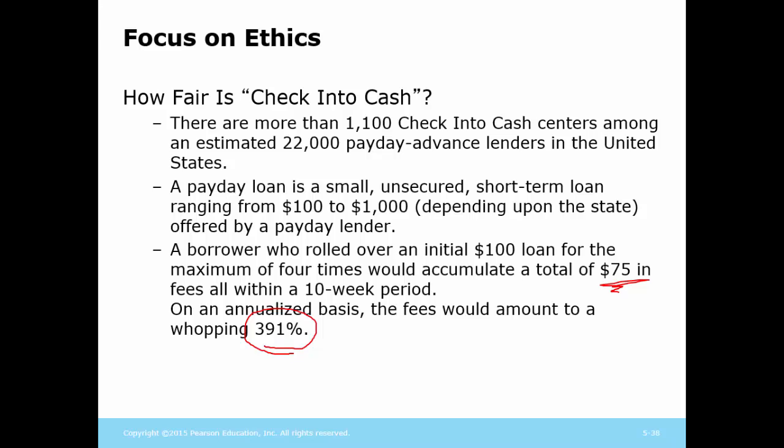Most people don't see that. They see that it only costs them $5 out of 100 to roll this thing over. The $5 seems insignificant. It's not important in the decision-making process. But if they get hung up in these payday advance lending things, then it's an extremely high interest rate.